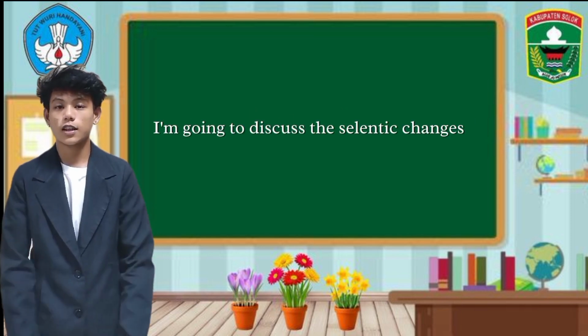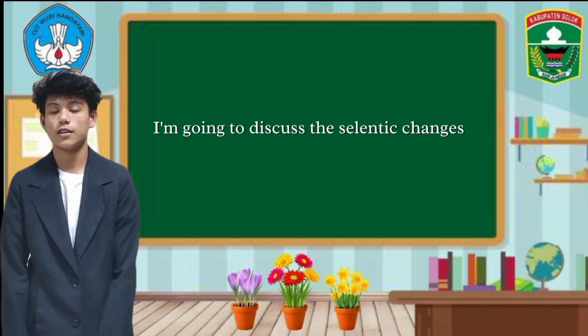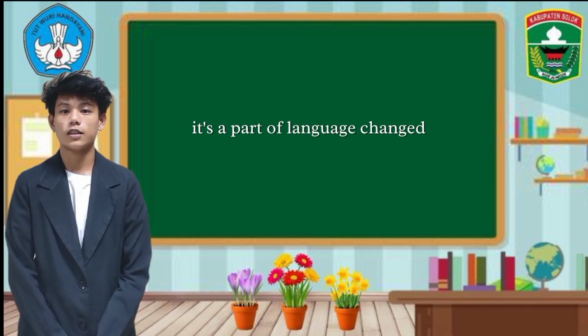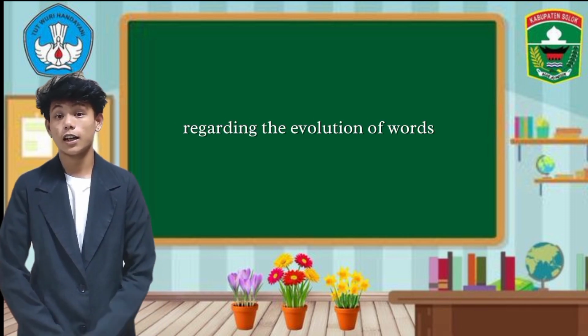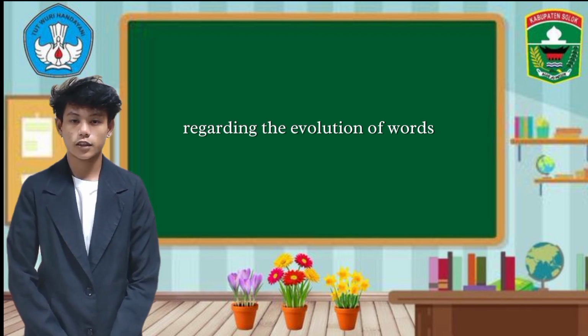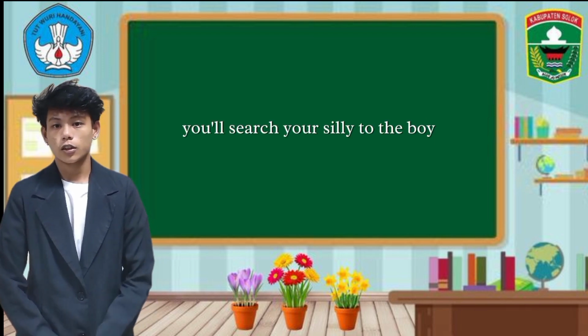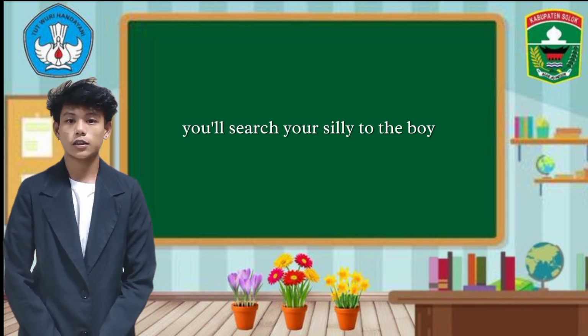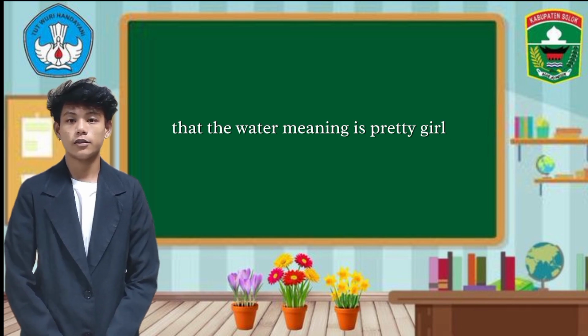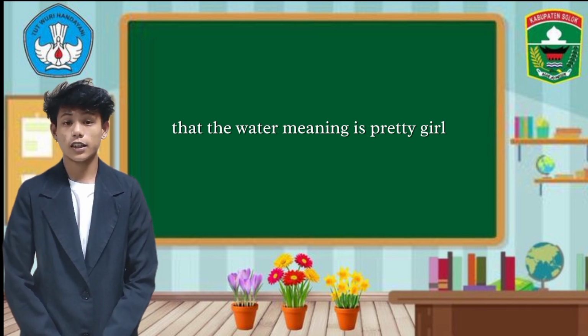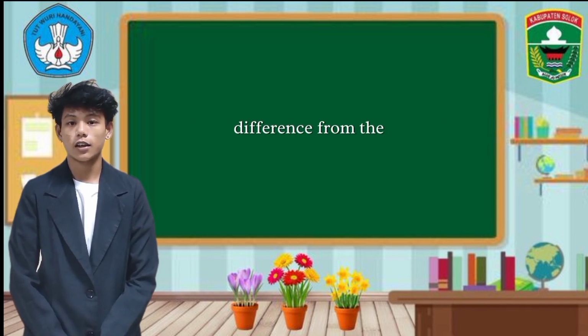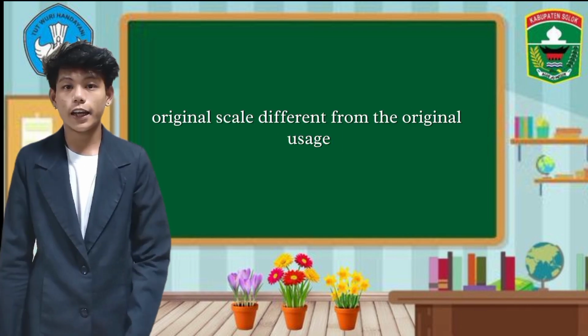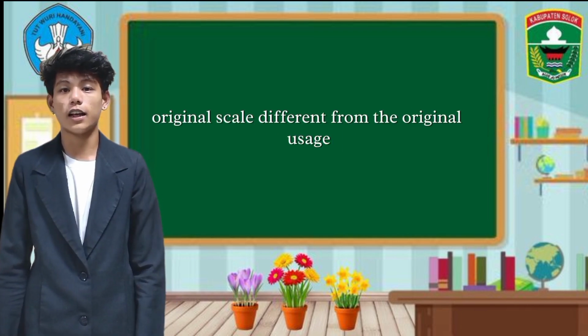I'm going to discuss the semantic changes. It's a form of language change regarding the evolution of word usage, usually to the point that the modern meaning is radically different from the original usage.